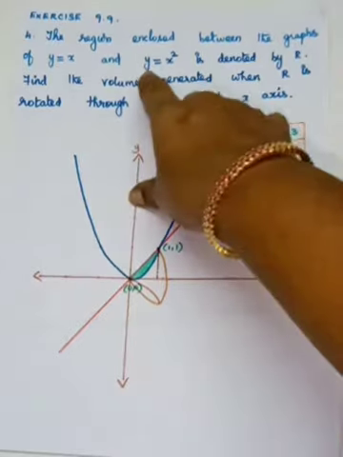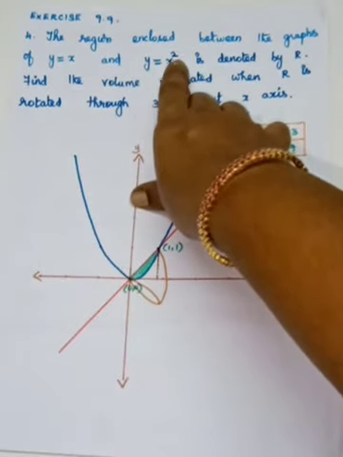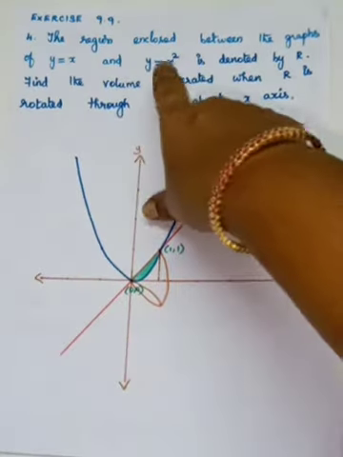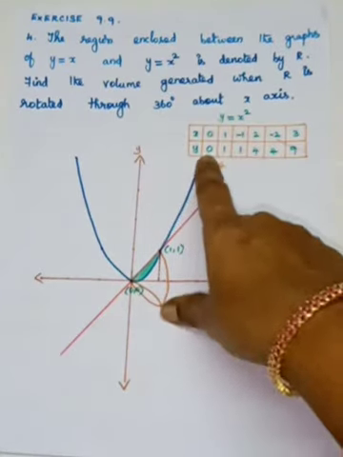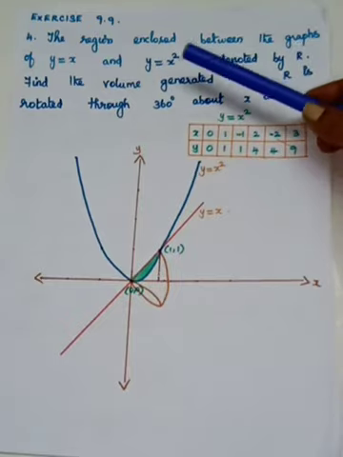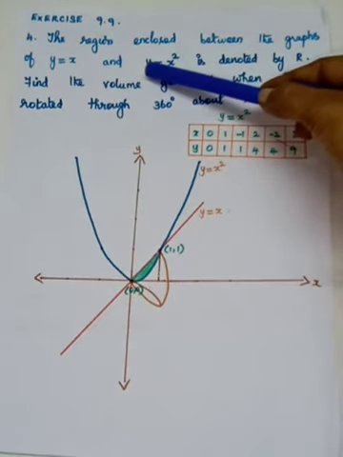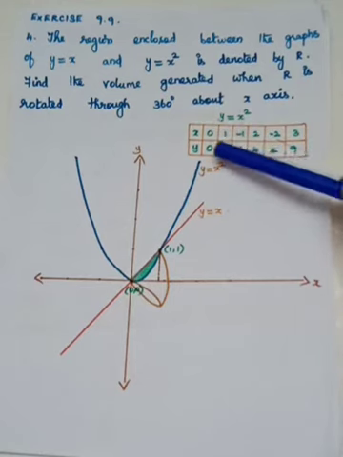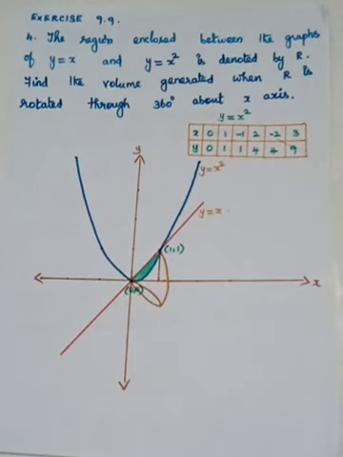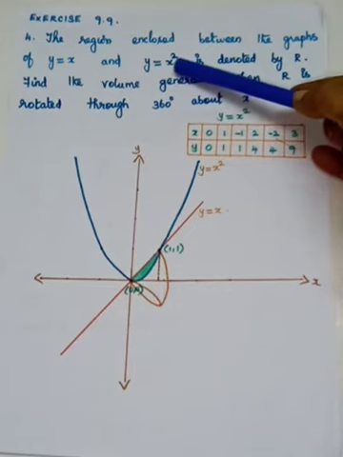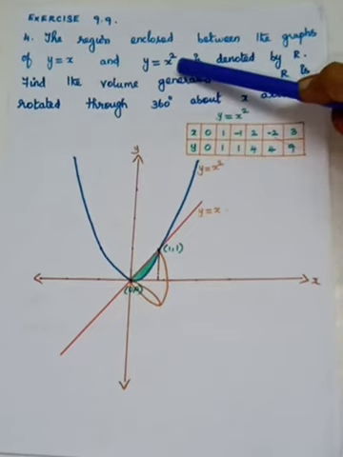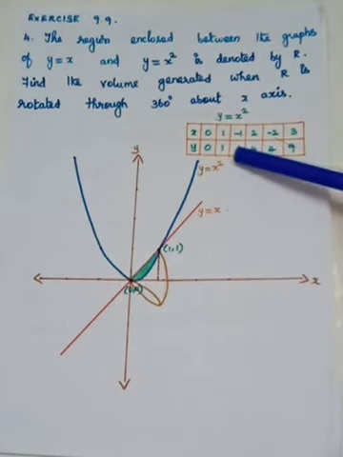Next we have to draw the parabola y is equal to x squared. For that I will take some points. Put x is equal to 0, then y is also 0. If you substitute y as 0, x squared is equal to 0, so x is equal to 0, you will get the same point, so that's why I didn't substitute y as 0. Now put x is equal to 1, 1 squared is 1. Put x is equal to minus 1, minus 1 the whole squared is also 1.